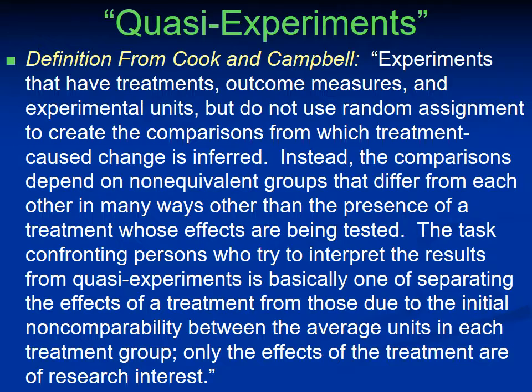Instead, the comparisons depend on non-equivalent groups that differ from each other in many ways other than the presence of a treatment whose effects are being tested. The task confronting persons who try to interpret the results from quasi-experiments is basically one of separating the effects of a treatment from any effects just due to the initial non-comparability between the average units in each treatment group, right? Because only the effects of the treatment are of research interest. That was the simple official definition I could find.